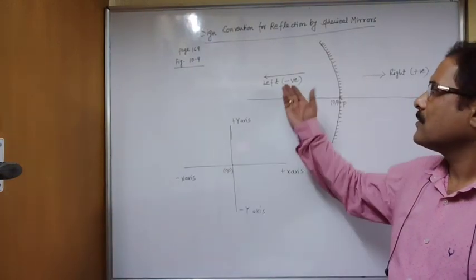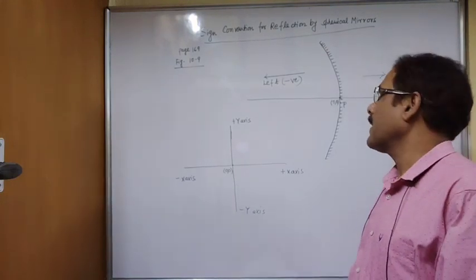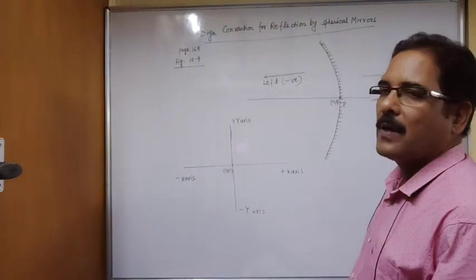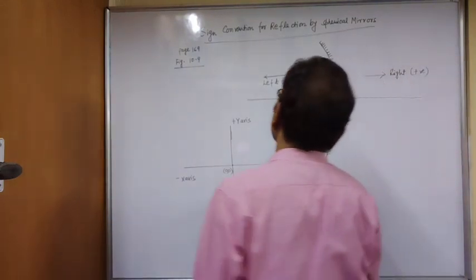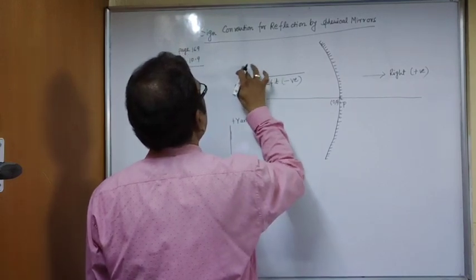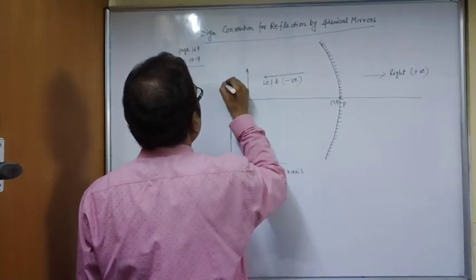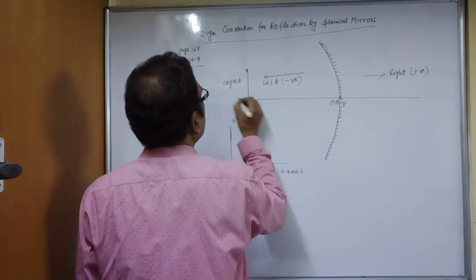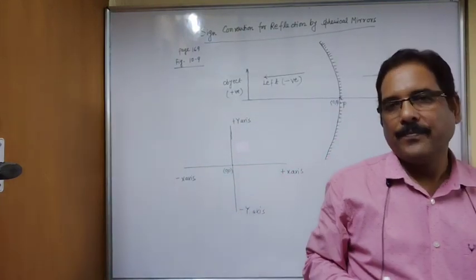So the distances which are towards the left, it means object distance is negative. Then another thing, distances which are above the principal axis and perpendicular to the principal axis are positive. So suppose we place an object, suppose this is the object. So the height of the object is always placed above the principal axis. So it will be positive always, the object height.